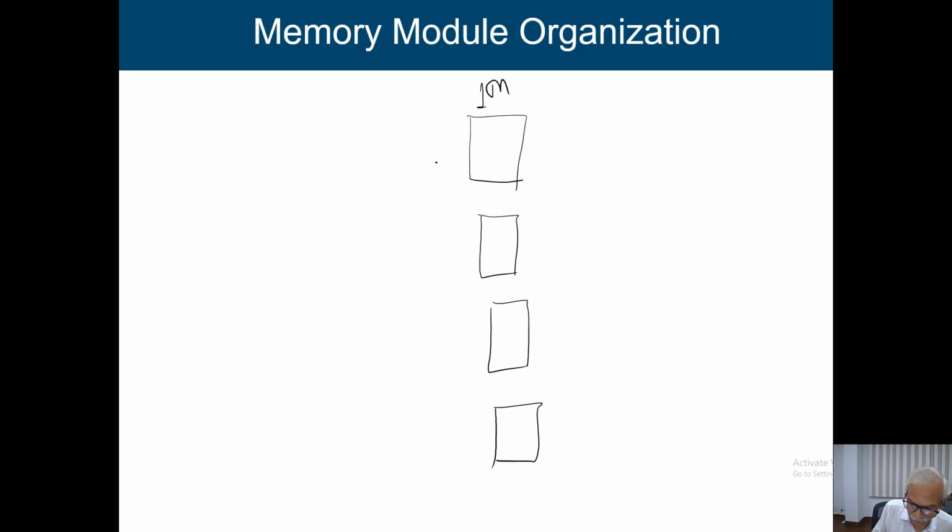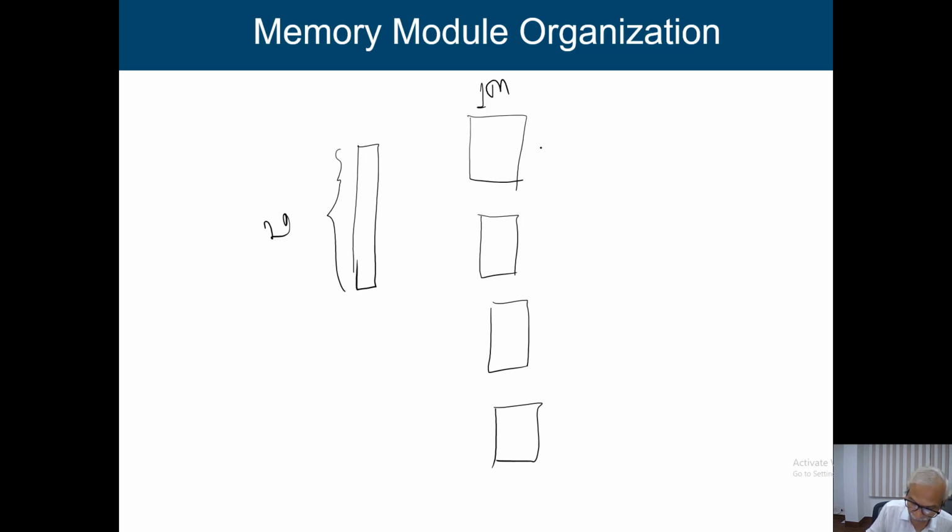Now here you just see, say this is your 1 mega memory location. If I am going for 4 mega, then I am going to have these 4 memory chips. For 1 mega I know that I need 20 bits of address line. Now I am having 4 such modules.